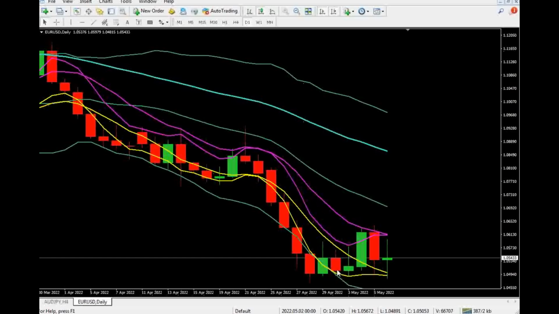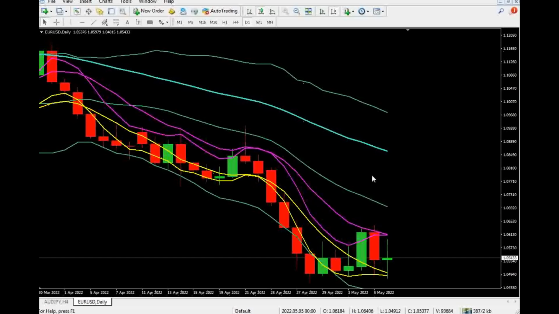Then this candle is the retest candle. People open a position in here. The first target was already hit yesterday in here, the high moving average. The second target, maybe one day.